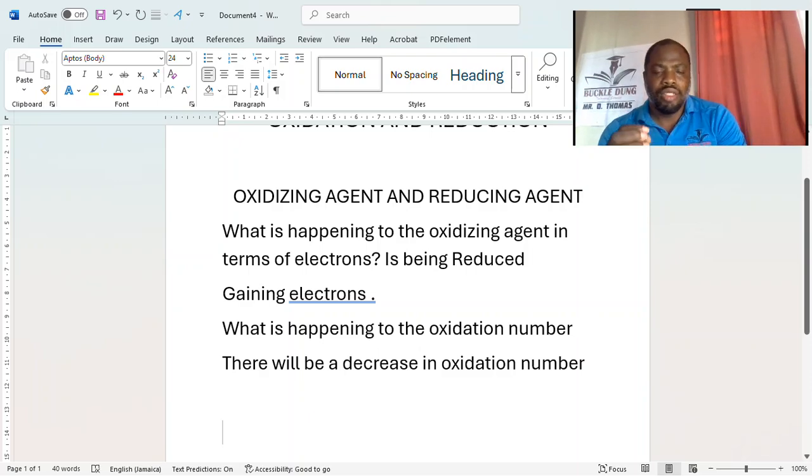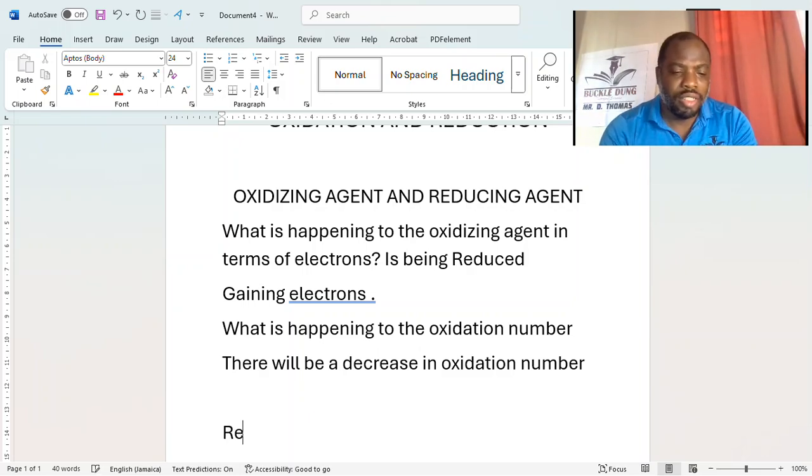And the beauty about oxidation and reduction for me, as I said, is that they operate simultaneously and usually they're opposites. So the reducing agent is being oxidized.